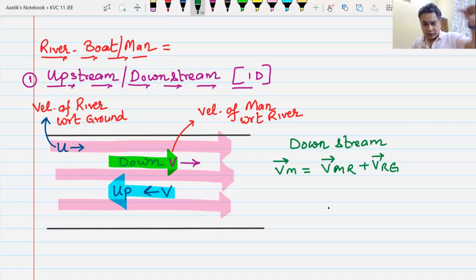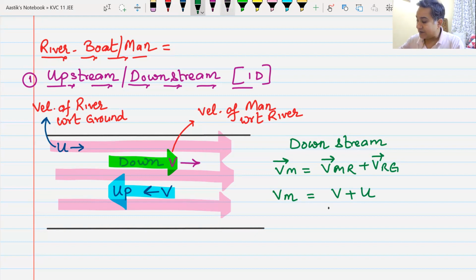In this case, both of them will be in the same direction. Yes or no? So they will get added up. So it will become v plus u. So basically he is going to travel faster because he is moving with the flow of the river. Do we understand this?